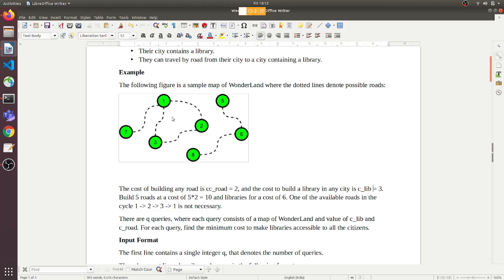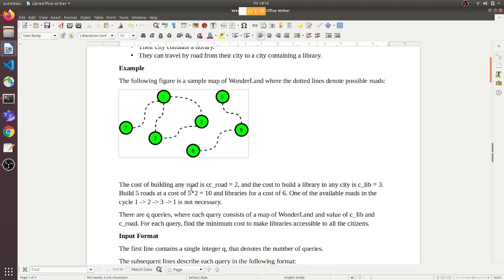Okay, like for example, for this given map, if CC road, the cost of constructing a road, is 2 and the cost of constructing a library is 3, then if we build 5 roads, 1 2 3 4 5, then the cost will be 10, and libraries for a cost of 6.